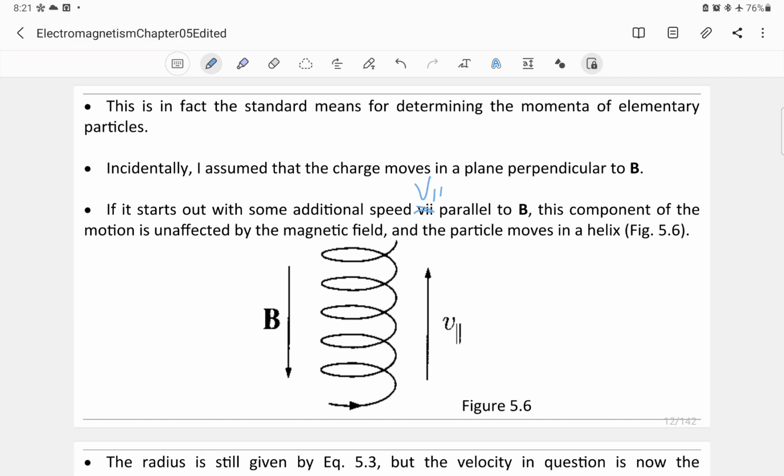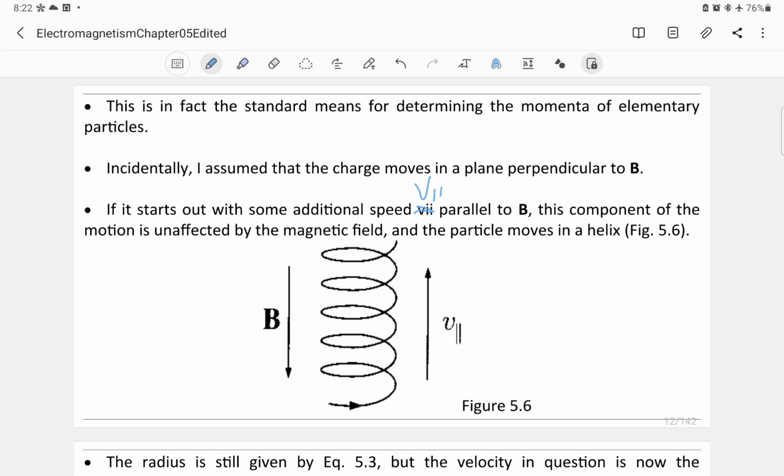If you look at the z-axis, it moves in a circle, but at the same time it goes away from you. If there is an additional speed v parallel, which is parallel to the magnetic field, it will move in a helix.